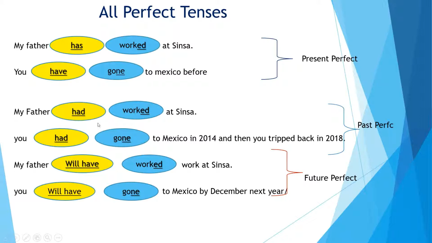You see, I'm just changing my auxiliaries, because always this verb that is next to the auxiliary will be in past participle, okay? Always. So for the future, my father will have worked at Cinza. And then you will have gone to Mexico by December next year.